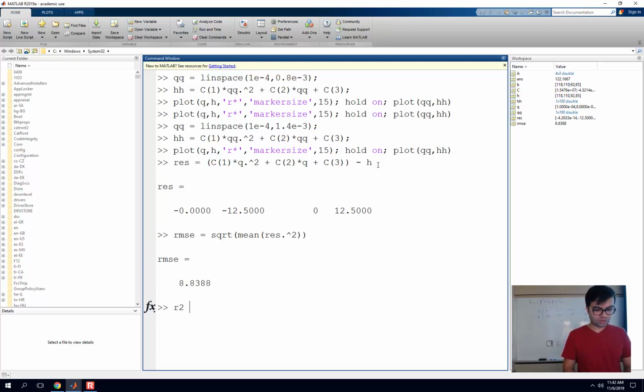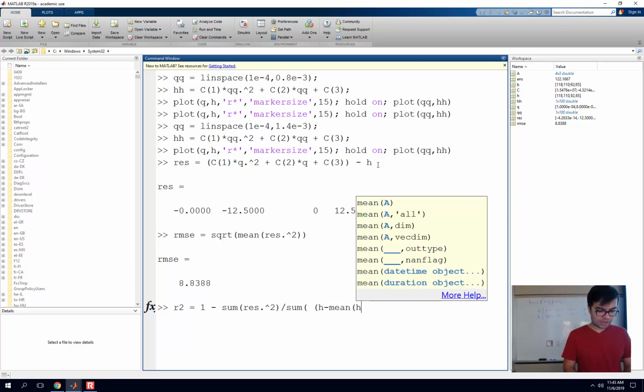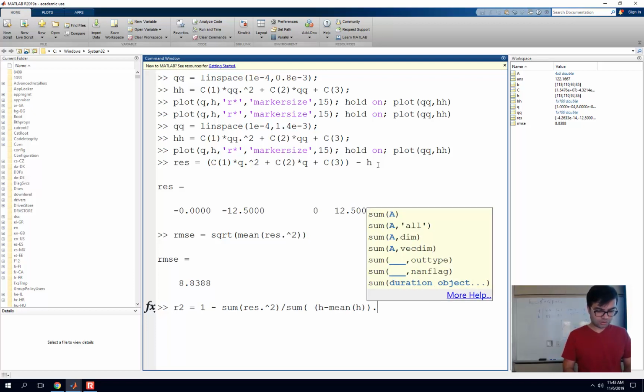And R squared is 1 minus sum of residual squared divided by sum of h minus mean of h, squared.